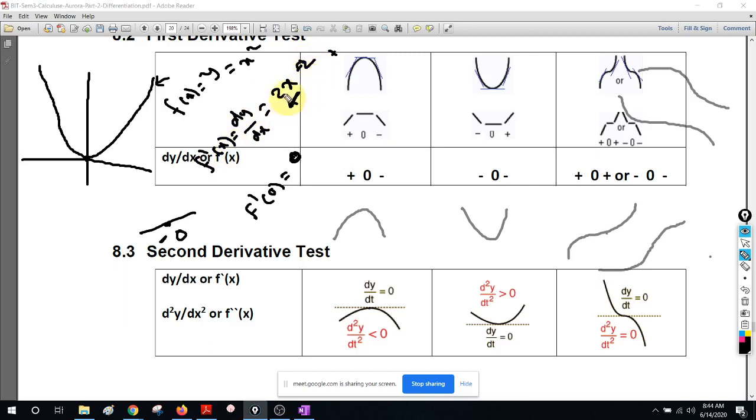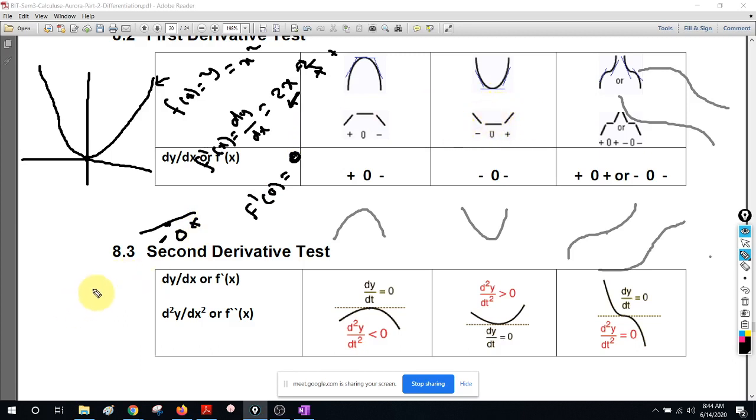If you take half, 2 into half is plus 1, that is positive. If you take 0.1, 2 into 0.1 is again positive. Now you can see it's minus, 0, plus. So minus 0 plus means what? It's a minimum. So we know that at x equals 0, we are going to see a minimum.